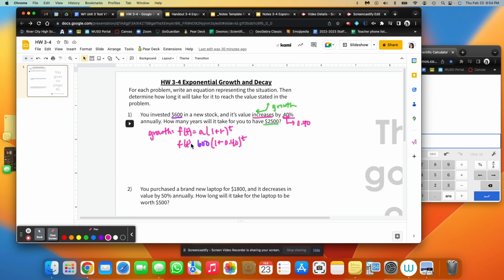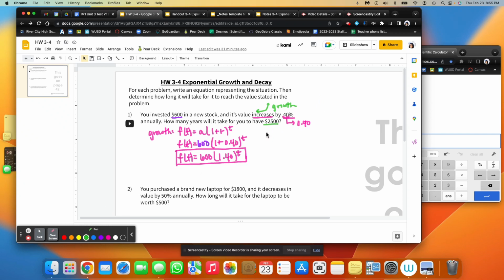To simplify this, f of t is equal to 600 times 1.40 to the t power. So here's our equation representing the situation. Now we need to figure out when our value is going to reach $2,500.